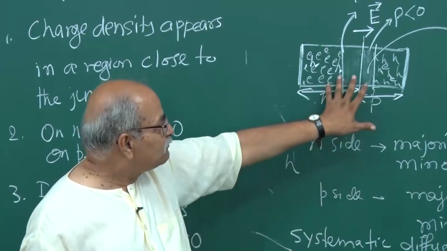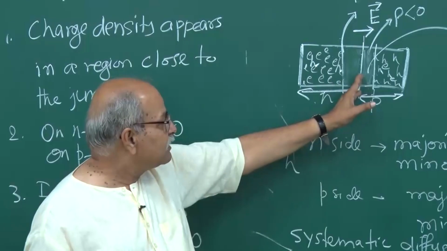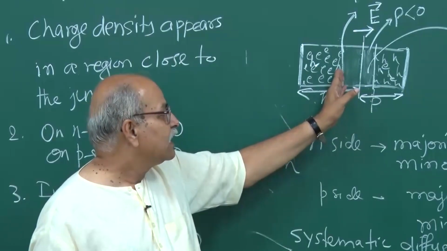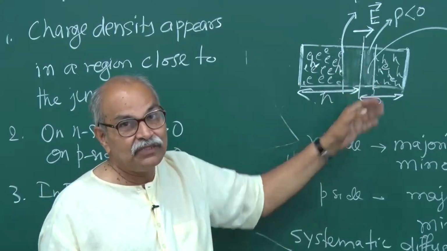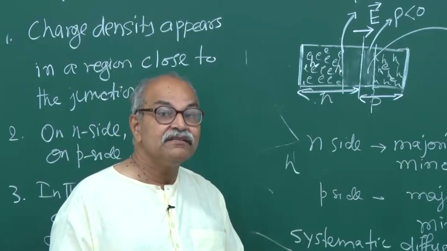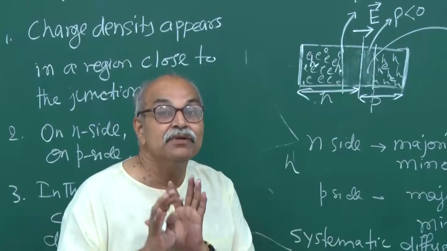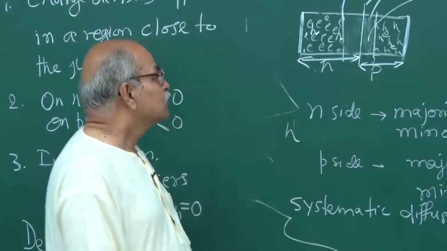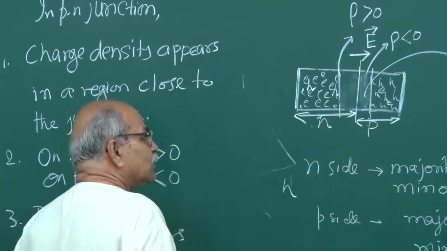So, the width of this depletion region on the left of the junction and on the right of the junction will depend on the concentration with which the dopants were put there, the impurity concentrations. All right. So, on the N type we call them donor ions.